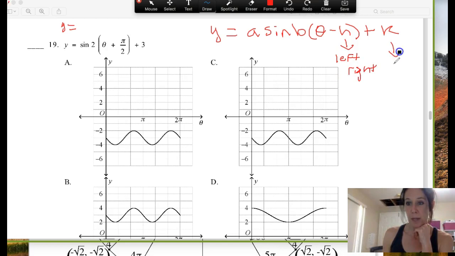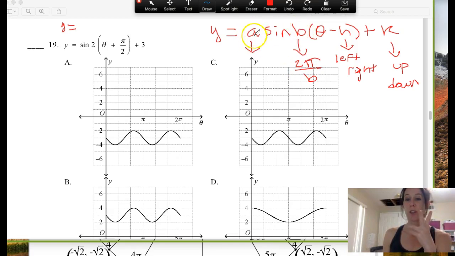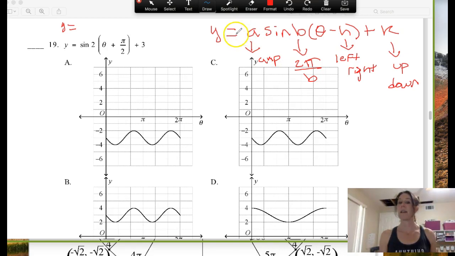This one's up, down. And that's opposite, right? Opposite because of the minus. This gives you your period. 2 pi over b is your period, or the number of cycles from 0 to 2 pi. This is your amplitude. Now when we did quadratics, that's stretched or compressed, which is exactly what the amplitude does, okay? And a negative would reflect, all right?